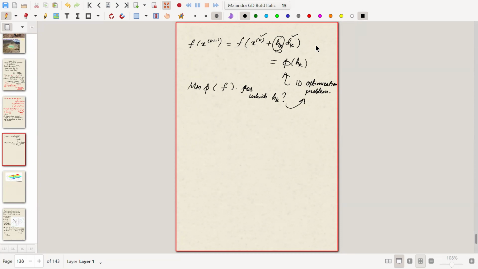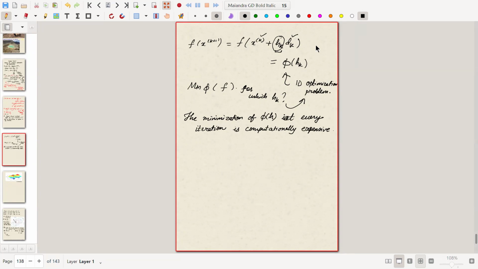So the minimization of phi h, finding that h value such that phi is minimum, at every iteration is computationally expensive. That we will see now.